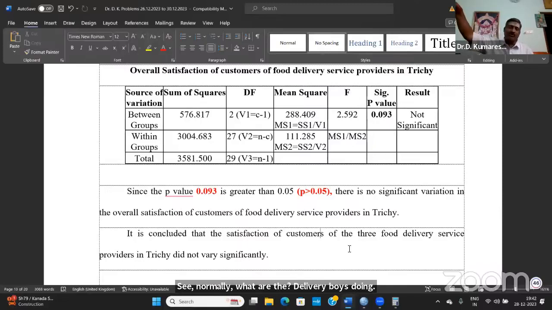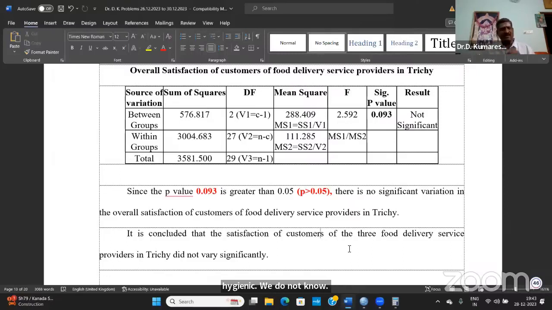They are going to the particular restaurant and bringing the parcel. It is kept in a large bag. Then it is delivered at the doorsteps of the customers. Whether the bag is cleaned properly, whether it is hygienic, we do not know.